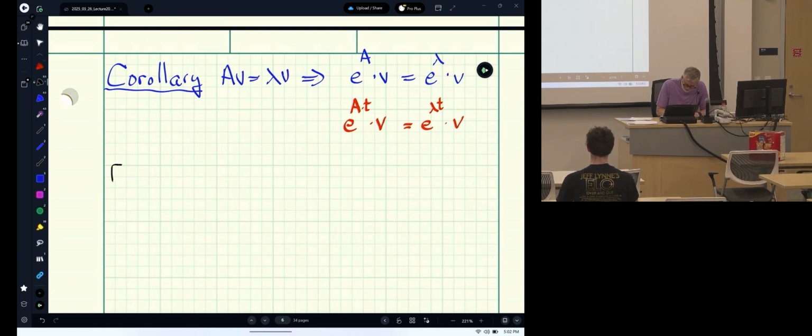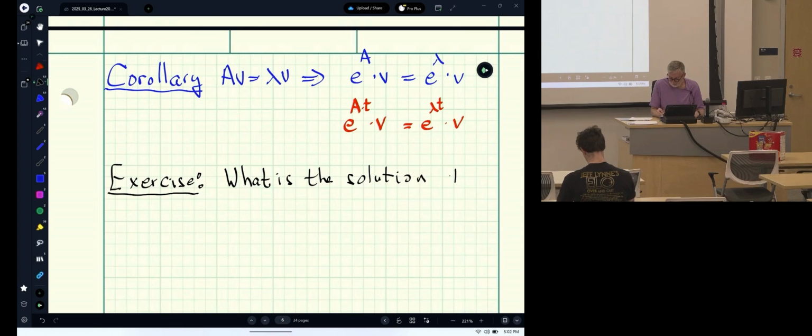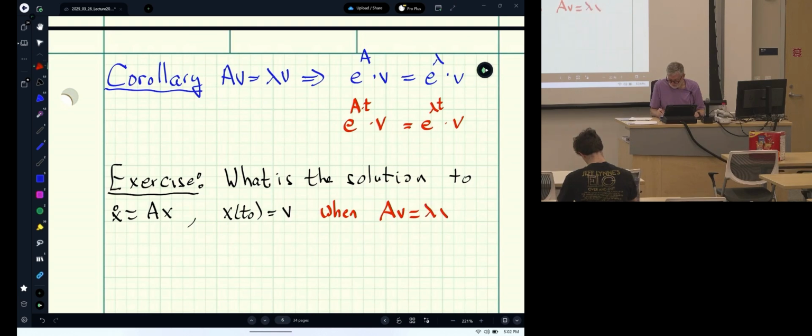So I have one more exercise for you. What is the solution to x dot equals Ax, x at t0 equals v, when Av equals lambda v?